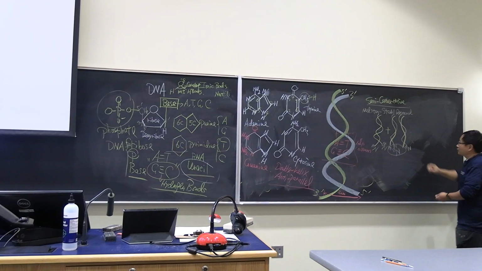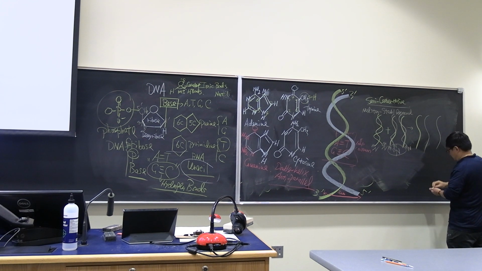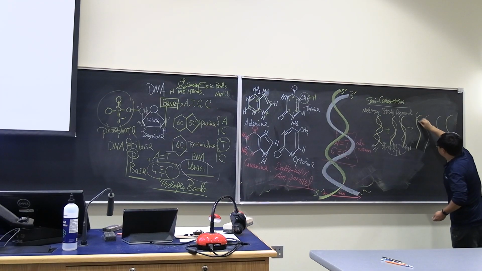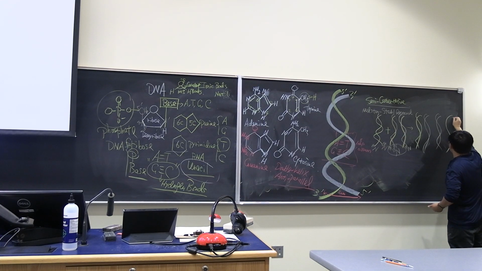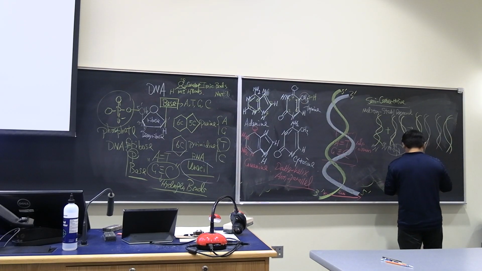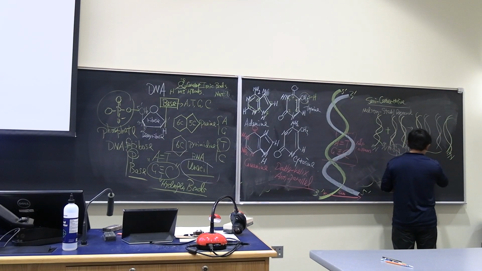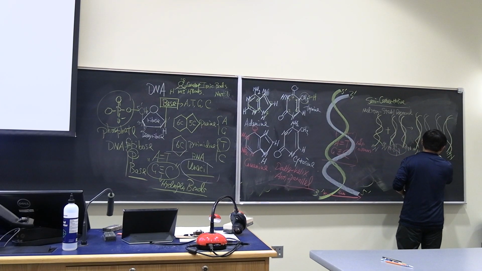Later on, this will be separated, this will be separated, and this will go. Then what happened? Semi-conservative. This is N14, this is N14, but in the middle, these are all N15.